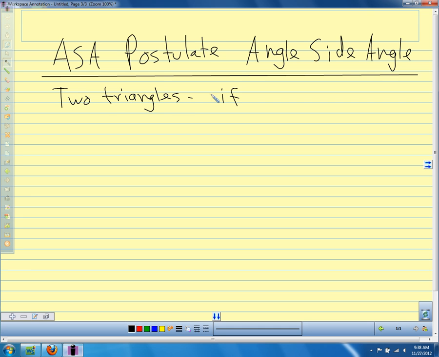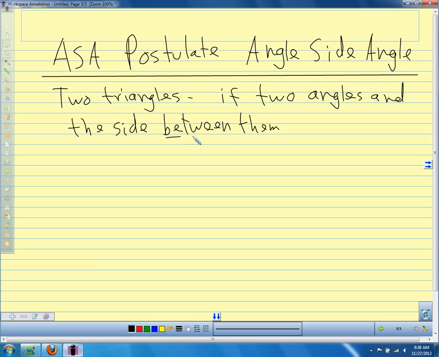And if two angles and the side between them are congruent, then the triangles are congruent. And we call the side, in this case, for this postulate, the included side.